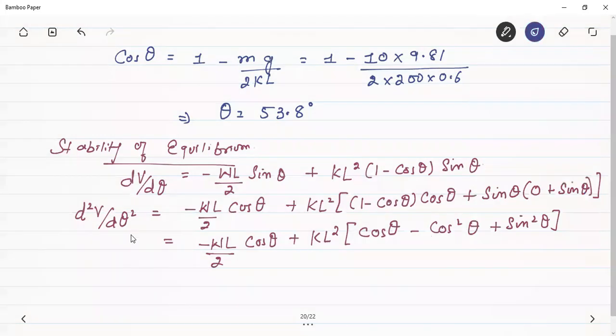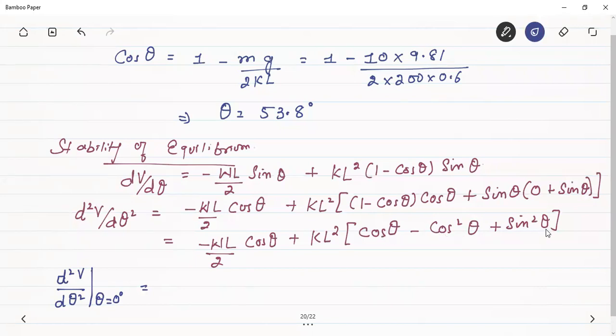Now in this question, we have to check the second derivative at two values of theta, that is theta equal to 0 degree and theta equal to 53.8 degrees. So first of all, let's see what the second derivative of the potential function is at theta equal to 0 degree. If we substitute theta equal to 0 degree, sine theta will be 0, cos 0 is equal to 1, minus cos square theta is also 1.